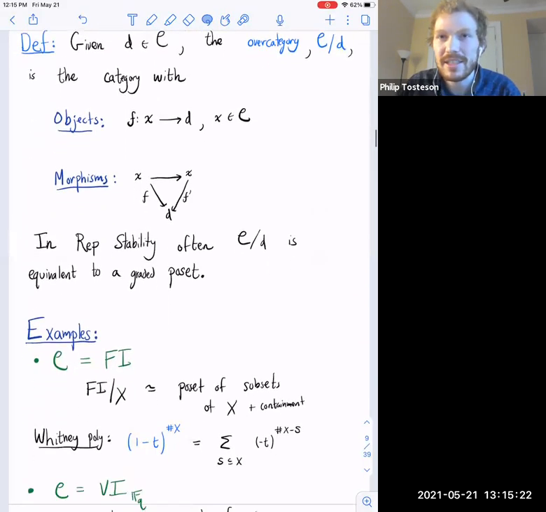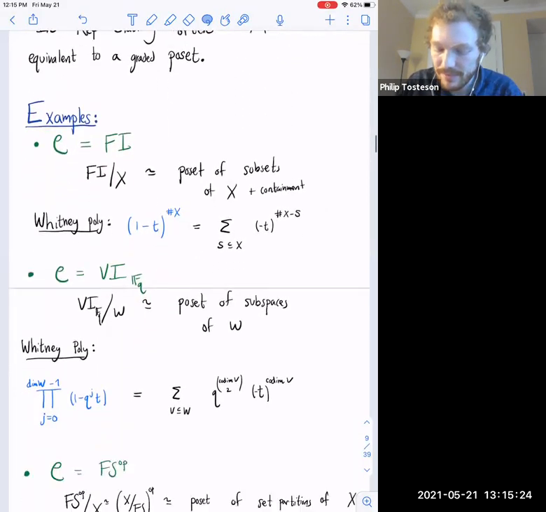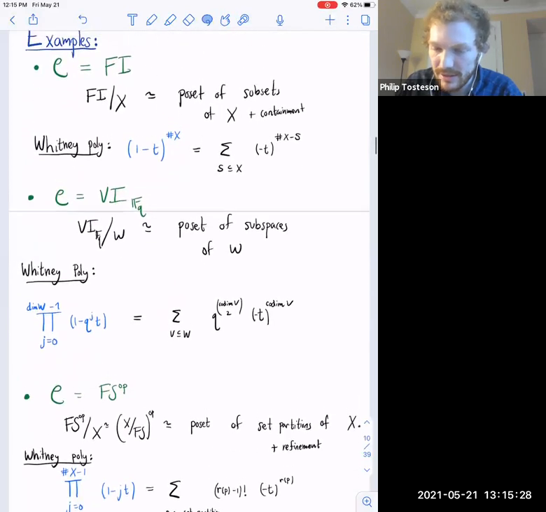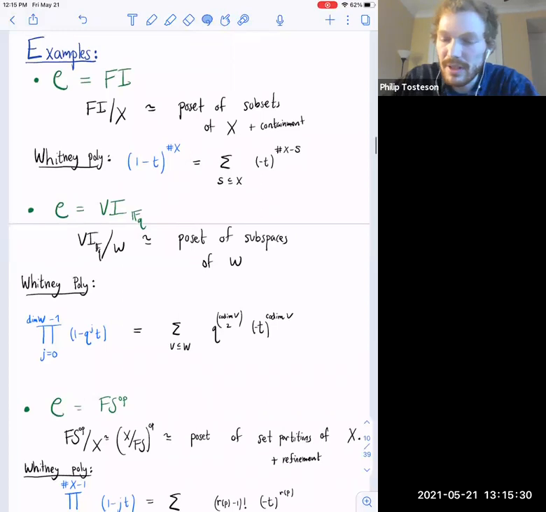So let me give some examples. The first example is C is the category of finite sets and injections, and then injections to a fixed set X is actually equivalent to the poset of subsets of X under containment.